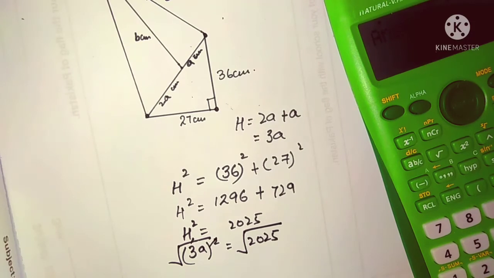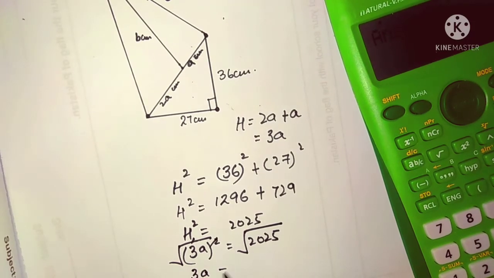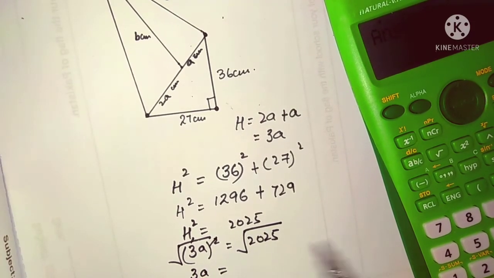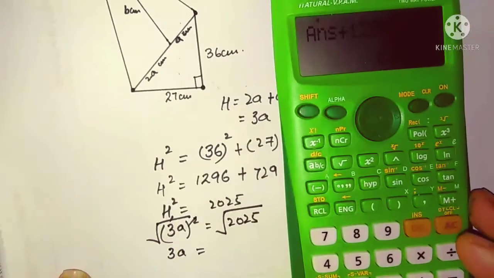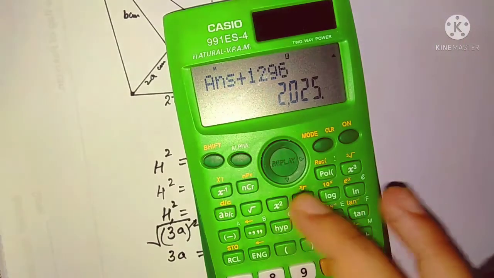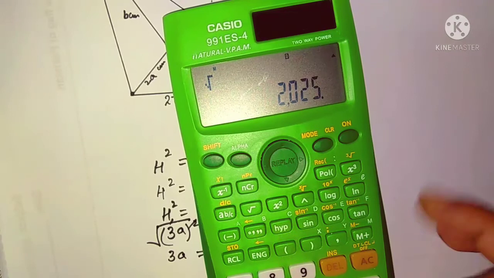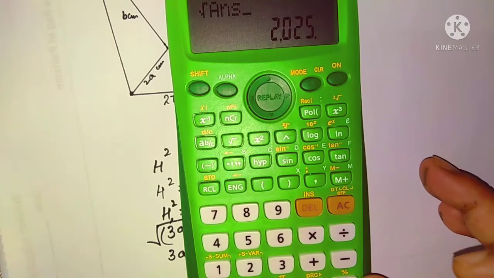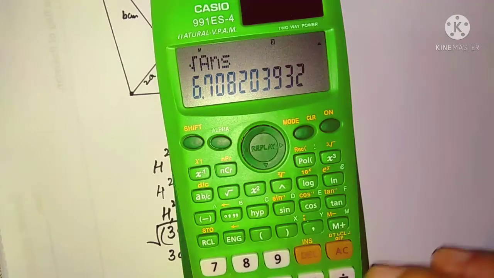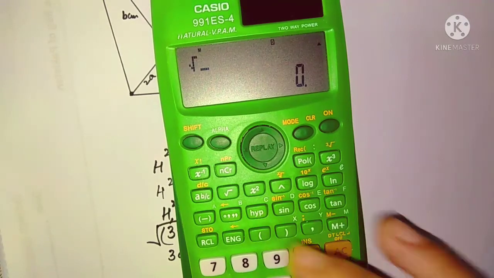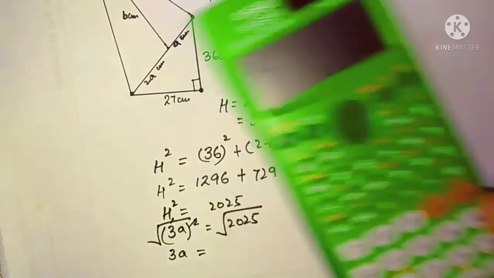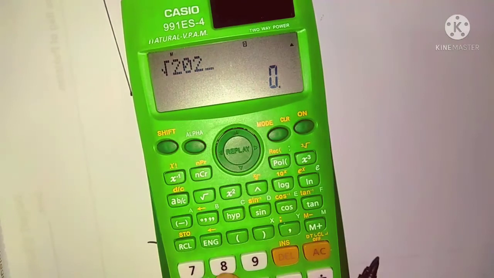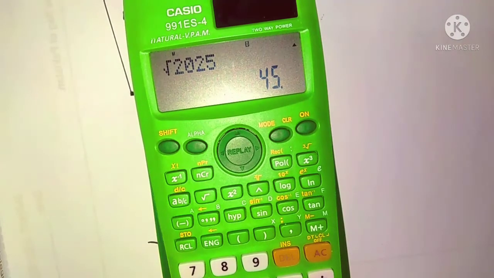Square and square root cancel each other, so 3a remains over here. When I take the square root of 2025, the square root of 2025 will be equal to 45.